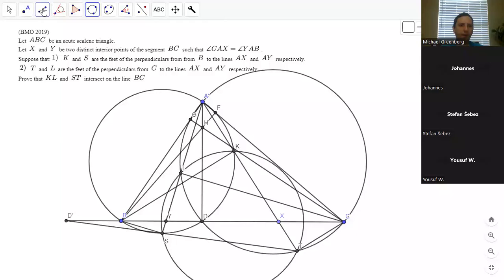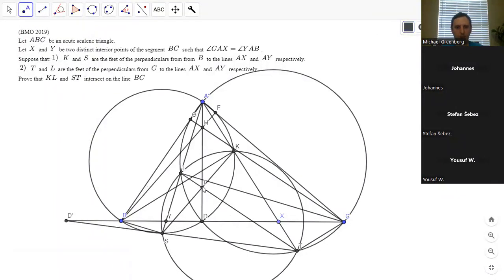Oh, but I think that might be a good first step. You showed that, did you say SK and LT concur? Yeah, on the altitude. Okay. Just by radical axes, like the 3 circles we have.